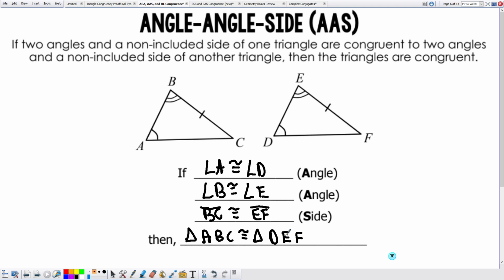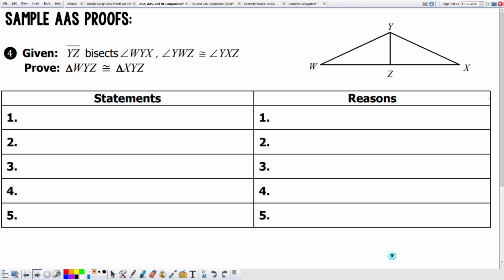This is actually just a consequence of the angle side angle theorem, and I'll leave that to you as a little thought experiment. But let's see what some of these proofs look like.